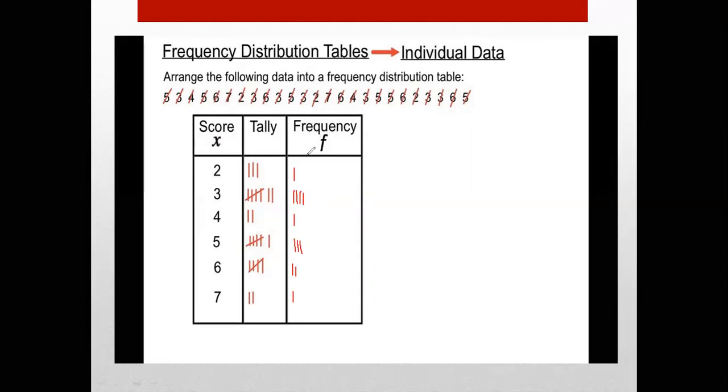Now 2, so you'll put your tally mark. 7, so you'll put in front of 7. Then 6, you'll put in front of 6. Okay. 4, so you'll put in front of 4. 3, so you'll put in.